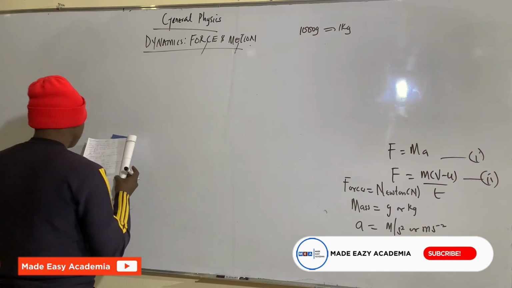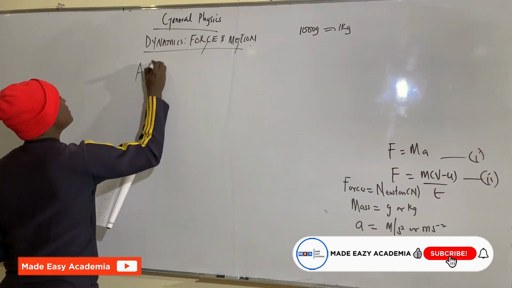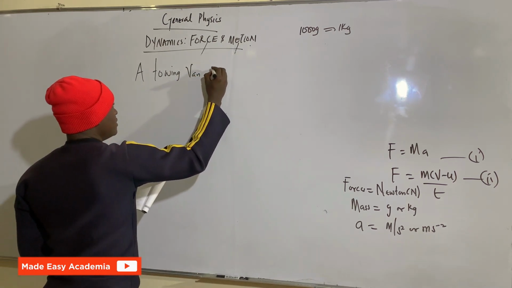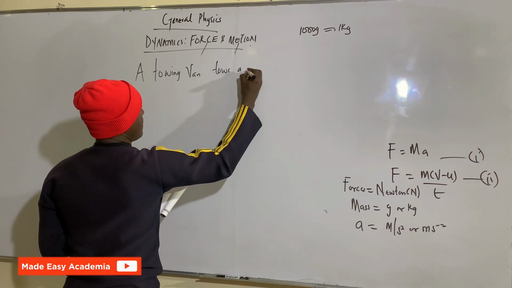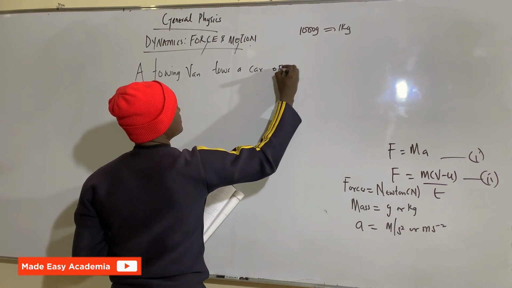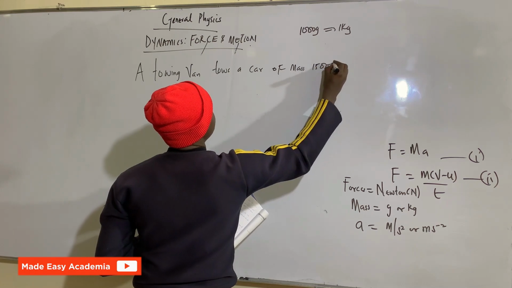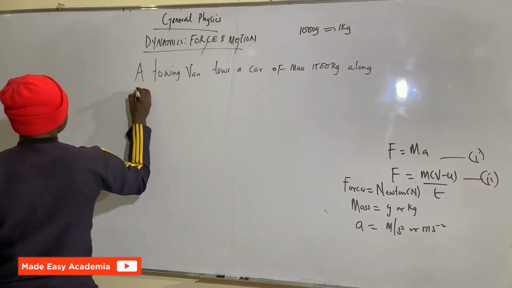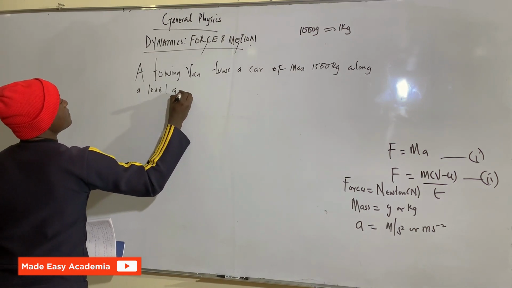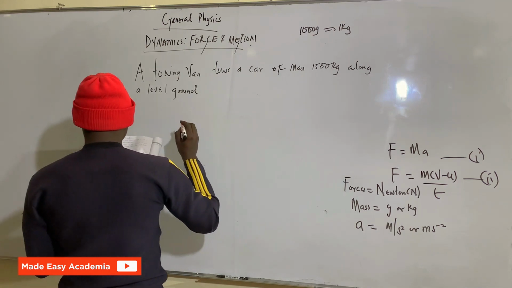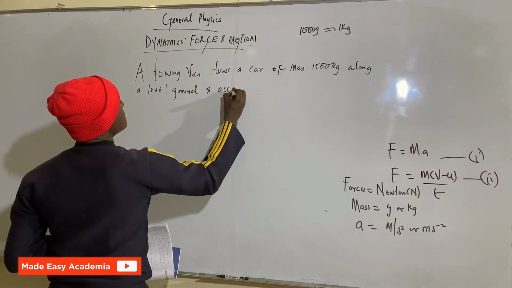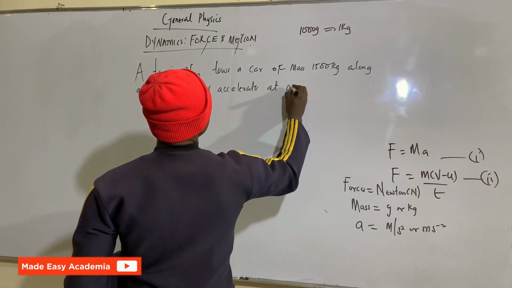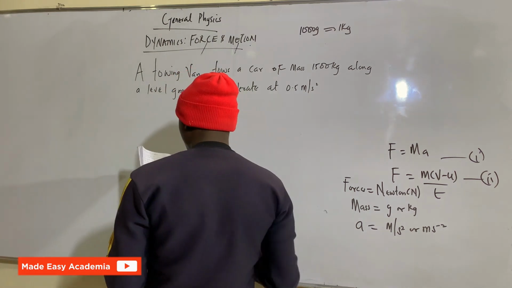They said that a towing van tows a car of mass 1,500 kilogram along a level ground and accelerates at 0.5 meter per second squared.